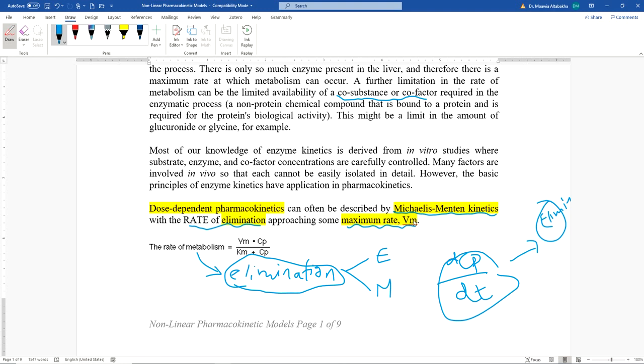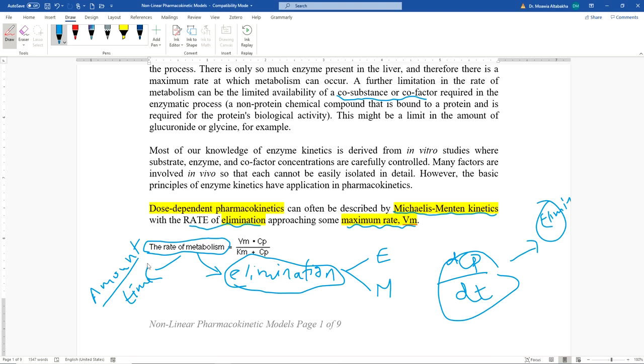So Vm is the maximum rate of metabolism. What is its unit? The unit is the same as this unit. If this is in amount, and this is the usual thing, amount per time, then Vm will be amount per time. If this is concentration per time, Vm will be concentration per time.